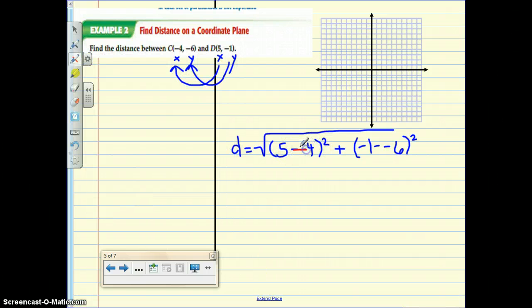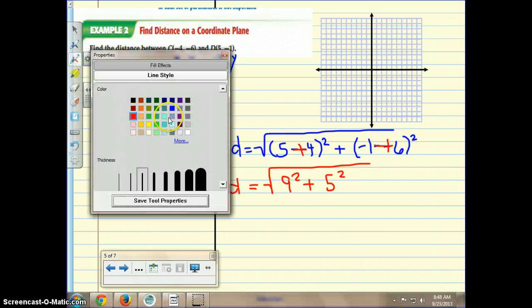So minus a negative, we know it turns into a positive, and being careful with the signs here makes a big difference. So we have 9 squared plus 5 squared. And again, we're going to switch colors quick. Let's go with green this time.